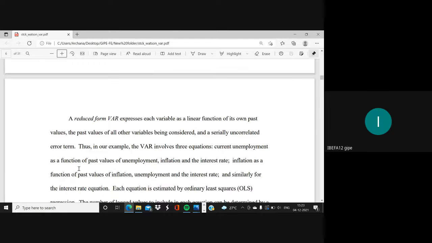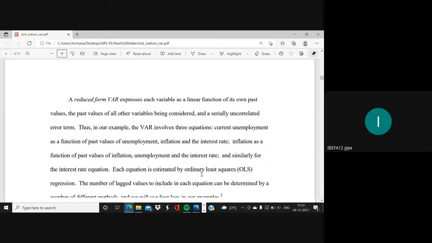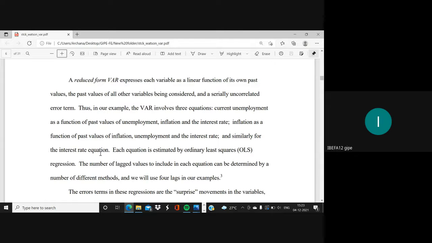Then if you have a recursive VAR model, that is where you're imposing certain restrictions on the coefficients of the contemporaneous variables here. Since our VAR involves 3 equations, the current unemployment as a function of past values of unemployment, inflation, and the interest rate, then inflation as a function of past values of inflation, unemployment, and the interest rate, and similarly for the interest rate equation.